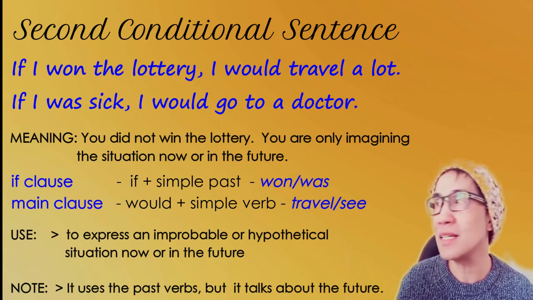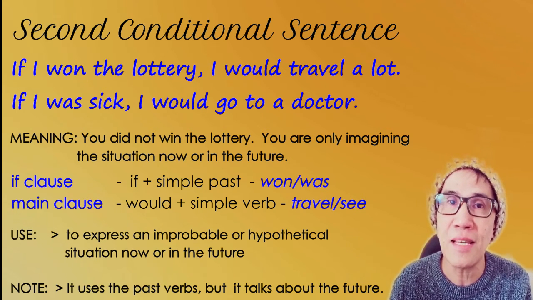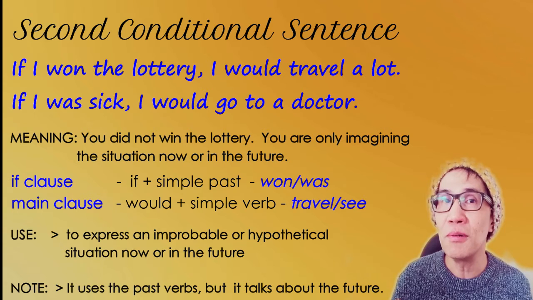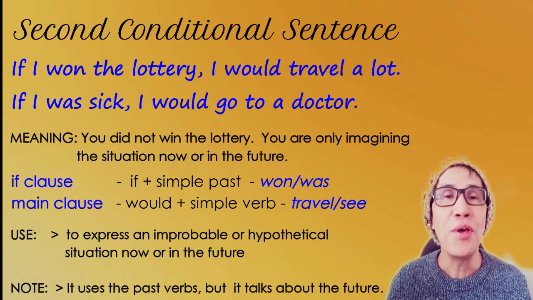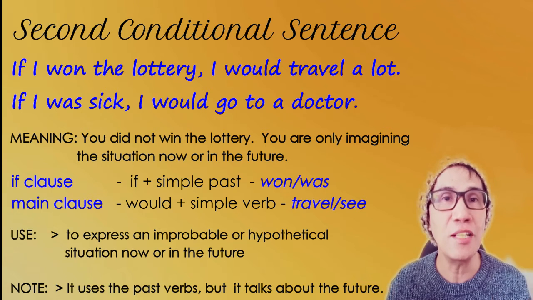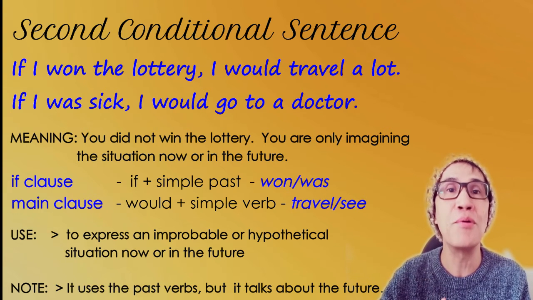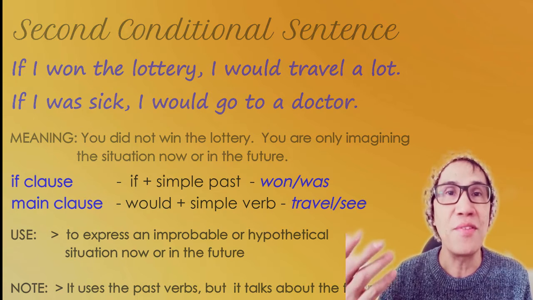In our example, we have the verbs "travel" and "see." So please note that even though you are using the past forms of the verbs, you are not talking about the past, but you're talking about now or the future. That's the second conditional sentence.